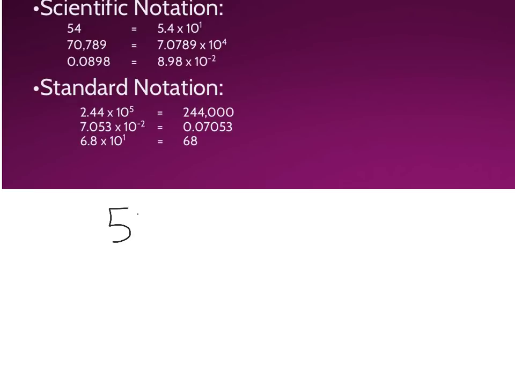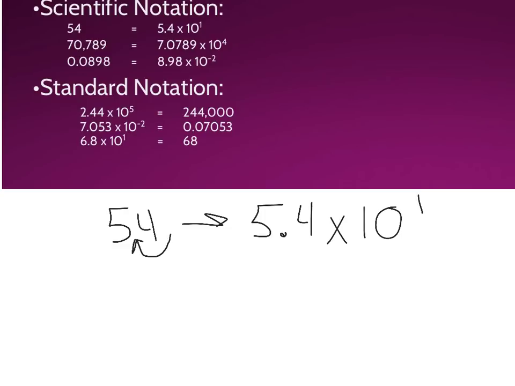The question was 54 and converting that to scientific notation. So I moved the decimal from its understood place here, and I need to move it until we have one non-zero number in front of the decimal place. So now the scientific notation version would be 5.4 times 10 to the first power. Our exponent is positive because it is a large number.